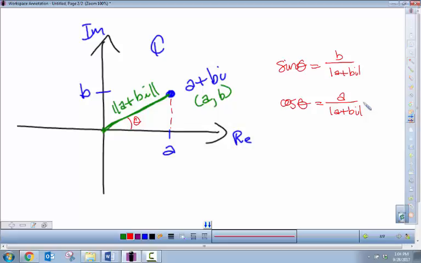So let's solve for the magnitude of a plus bi, since they're both kind of equal to each other. For the first one, it's equal to b over sine theta, and for the second one, it's a over cosine theta.